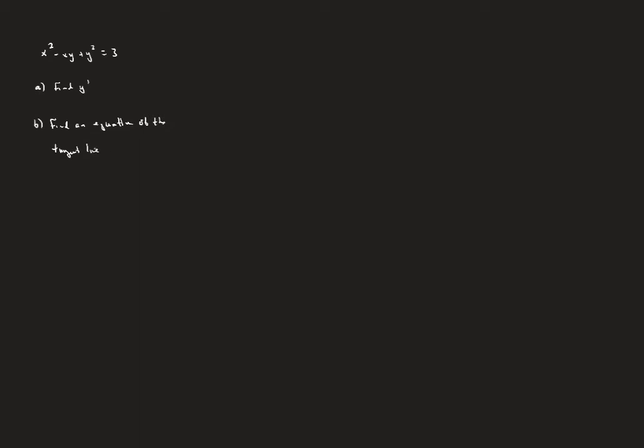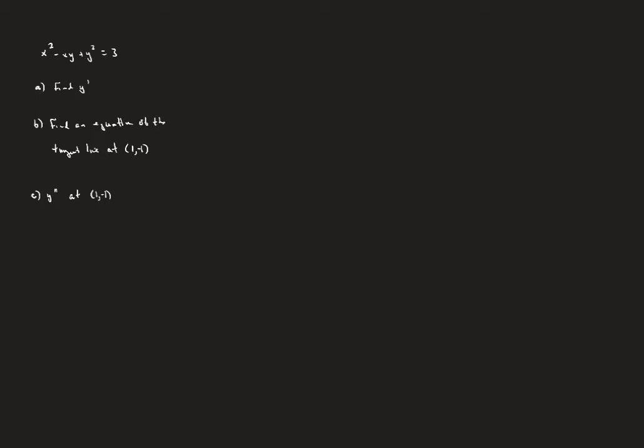And I'm going to tell you at the point 1 comma negative 1. Then I'm going to ask you to find y double prime also at that same point 1, negative 1. Okay? Let's see what we got here.